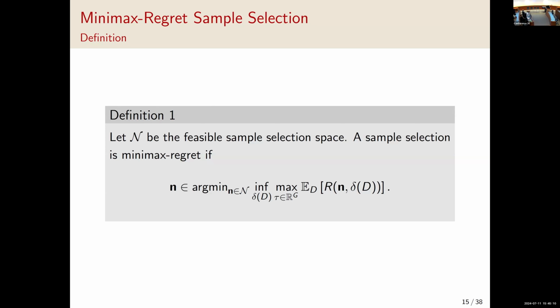Just a quick definition of the Minimax-Regret sample selection. We say a sample selection is Minimax-Regret if the sample selection together with the decision rule minimizes the maximum expected regret when the treatment effect is chosen by an adversary.